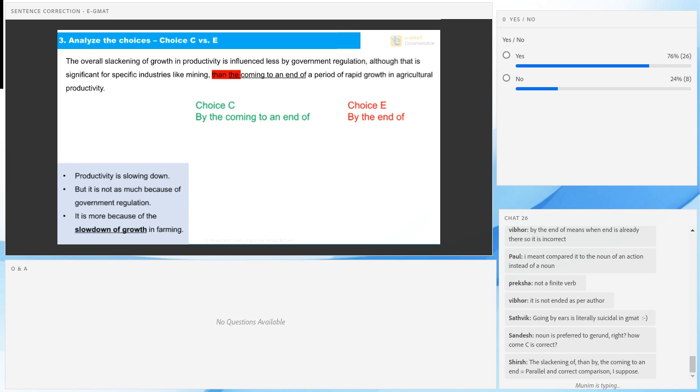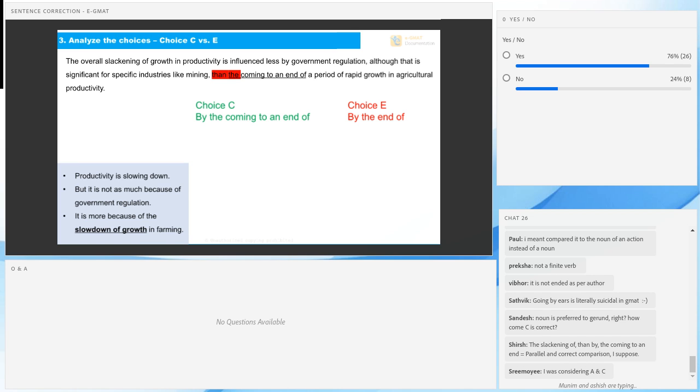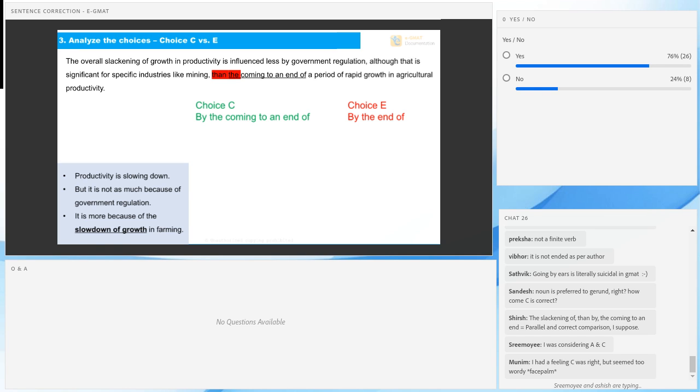Same expression as in choice A. You understood choice A. Nobody said anything when I translated choice A to mean slowdown of growth. Everybody understood that, right? But when it came to selecting the answer choice, you thought that "coming to an end" is actually wordy.